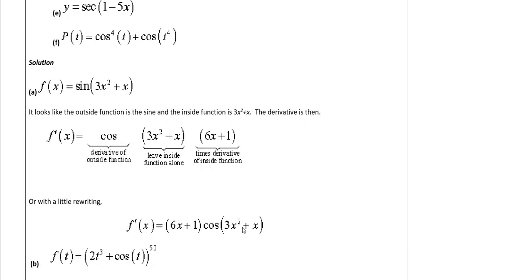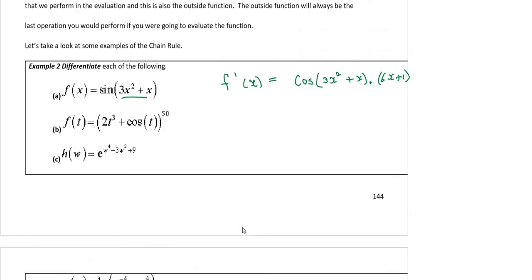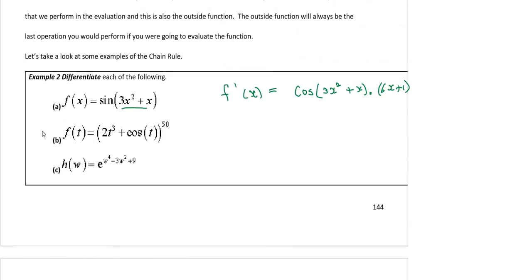and then we can just simplify. Okay, so let us look at the next one here. So what do we have here? We've got a power and then an inside. So if I do the derivative, I'm going to do the power first.